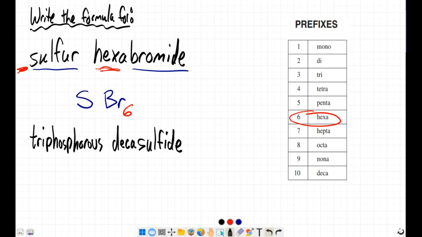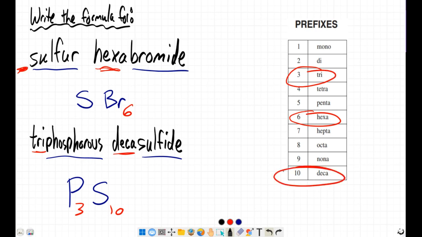So 1 sulfur and 6 bromides. And the final example, triphosphorus decasulfide. Tri and deca are our prefixes, and we have phosphorus and sulfide for our elements. So phosphorus P, sulfide S, and then for our numbers, triphosphorus means there's 3 phosphoruses, and decasulfide means there's 10 sulfides. Again, noting on the reference over here, those numbers.